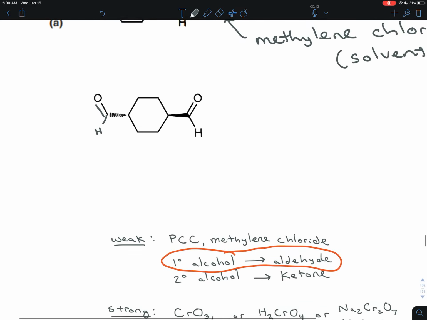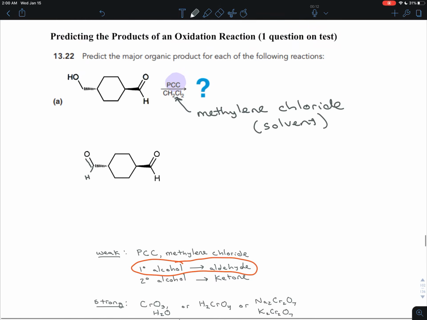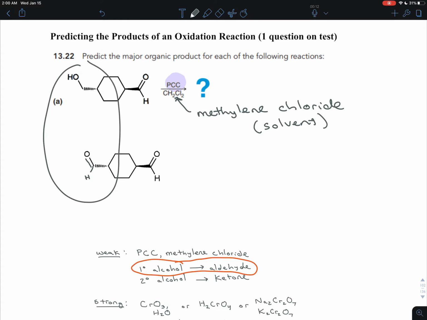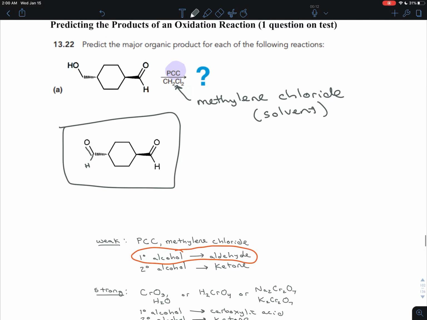It's good practice to do that for aldehydes. And that's it. That's the product. PCC will oxidize primary alcohols to aldehydes, and it won't oxidize aldehydes further. So the primary alcohol will turn into an aldehyde, but the aldehyde won't change at all. And so that would be the product you'd expect for that.